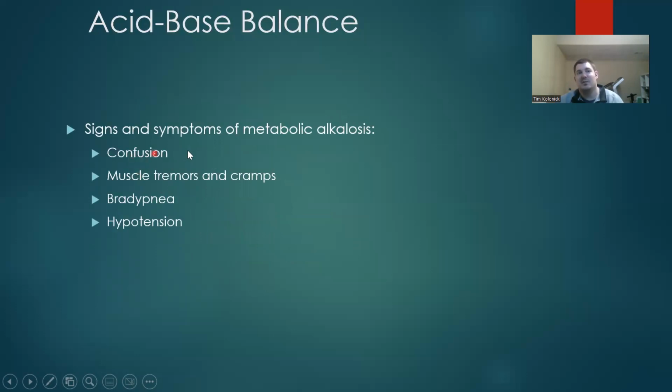Signs and symptoms here: confusion, muscle tremors, cramps, bradypnea, and hypotension, right? So if they're metabolic alkalotic, again, it's hard to tell when they're in the field, right, without lab values.